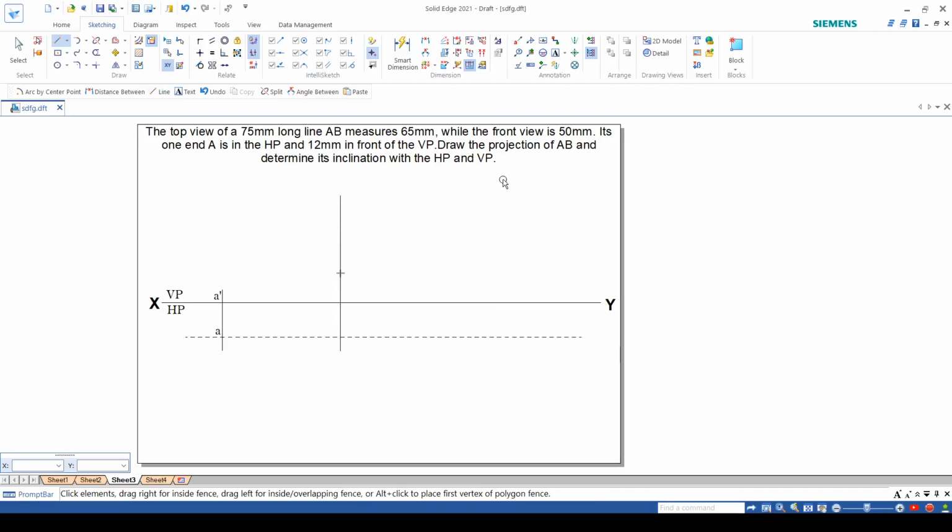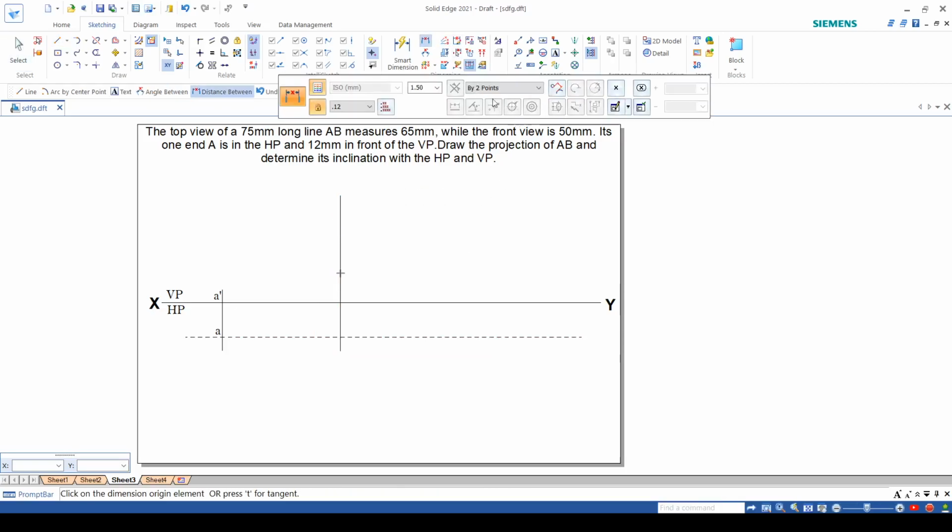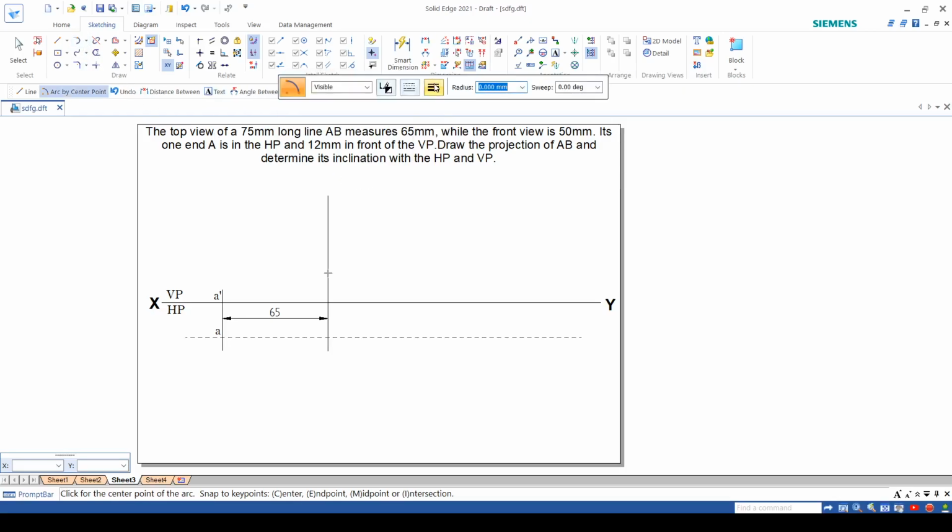Its distance must be 65, from this point to this point, we have to take a radius of 65. Since it's a true length, on both sides its value would be the same. So if we want that on both sides, everything is good.